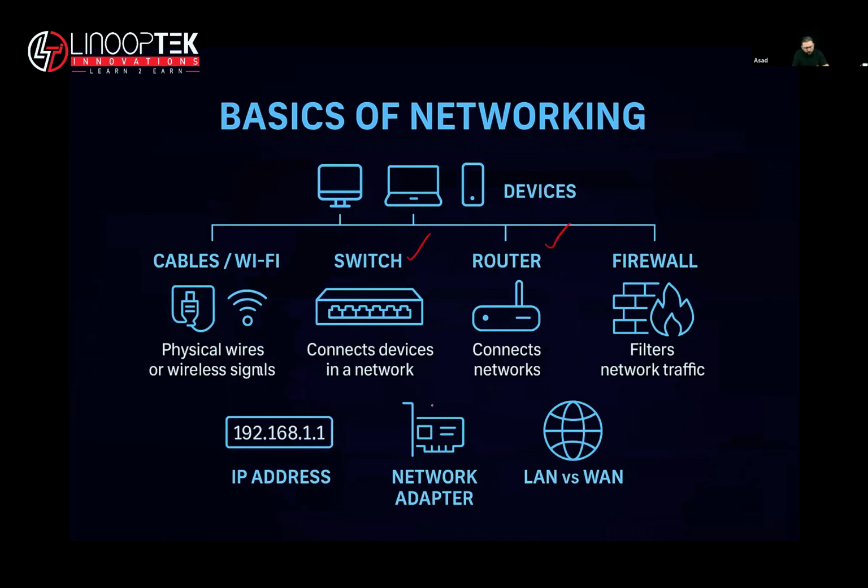Every device on the network has a network card, and every network card has an IP address, which is also called the logical address. There are types of networks, one being the LAN, the other being the WAN, and there are more types, but we're not going to get into that. Our domain is not core networking. We're not network administrators.